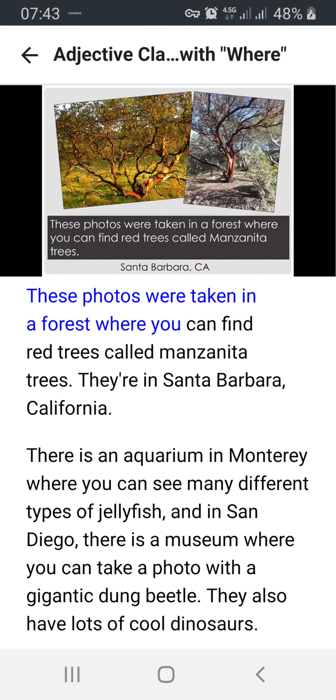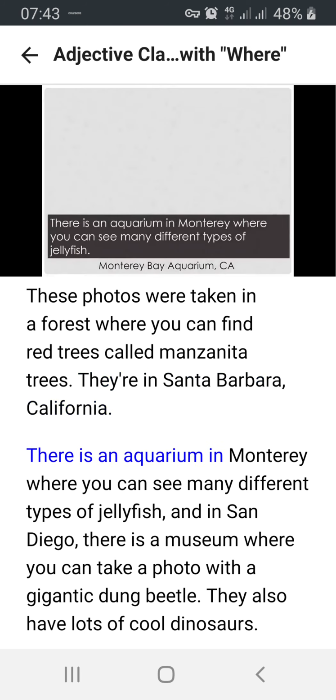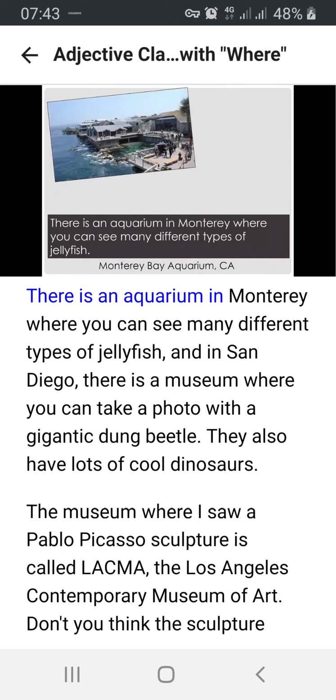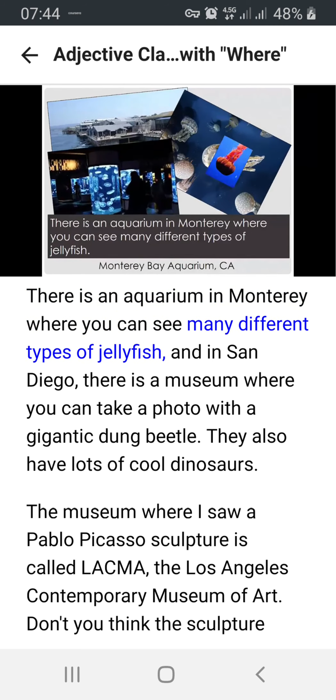These photos were taken in a forest where you can find red trees called manzanita trees. They are in Santa Barbara, California. There is an aquarium in Monterey where you can see many different types of jellyfish.